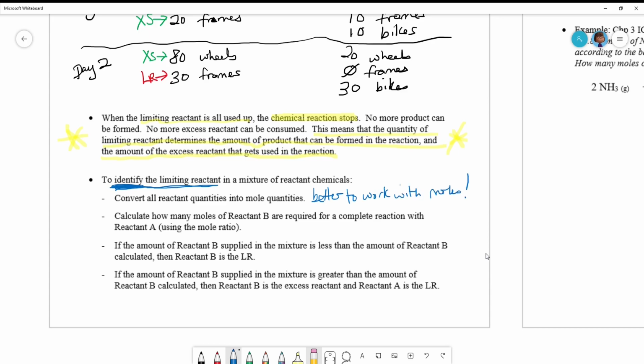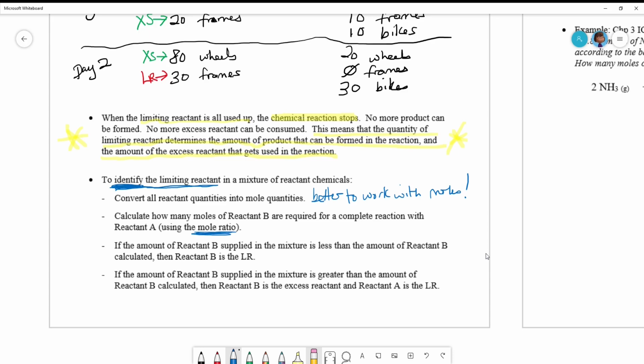Now, once you've converted your reactant quantities into moles, you're going to designate one reactant, reactant A, and one reactant, reactant B. And you're going to do a stoichiometry calculation, where you calculate the number of moles of reactant B that are required for a complete reaction with reactant A. How? Using the mole ratio.